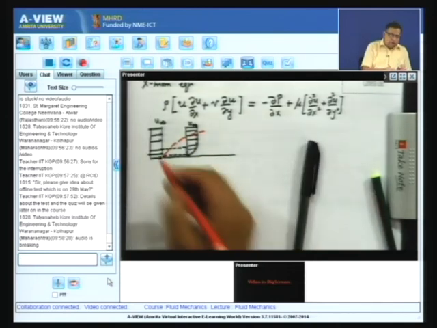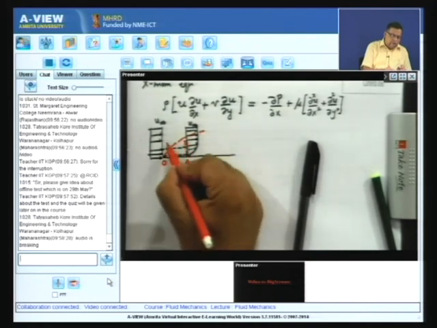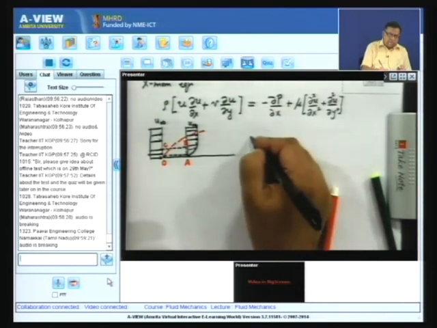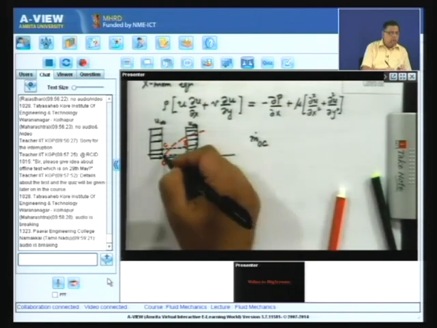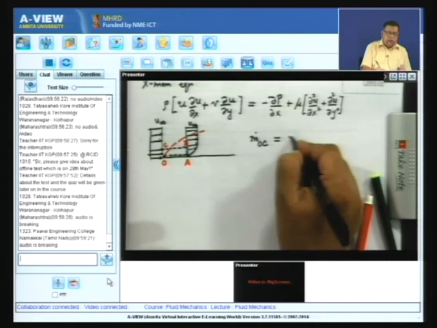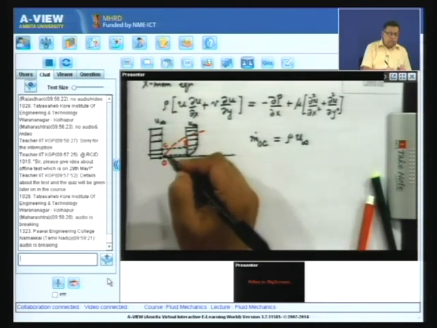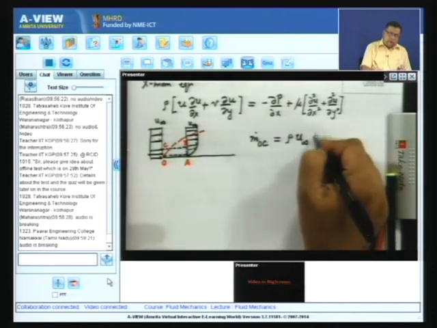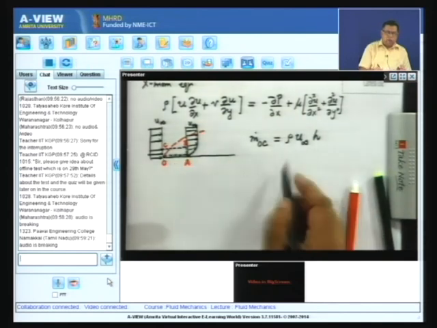Now, suppose I call this O, A, B, C. You will see that the mass flow rate coming in to the control volume through this vertical face, which I am calling O C, will be the density into the velocity, which is uniform, into, if I say small h is the length of O C, it is going to be simply rho u infinity h.